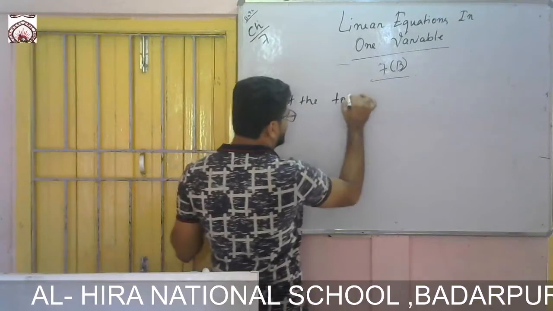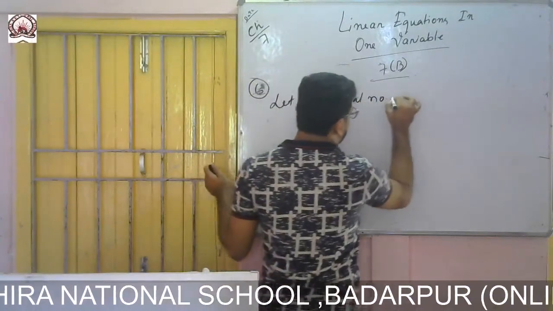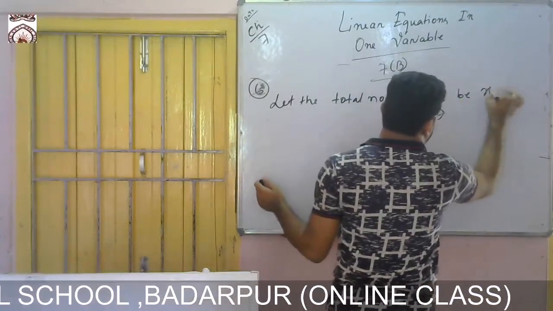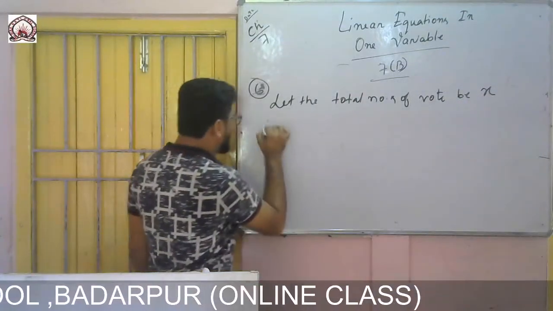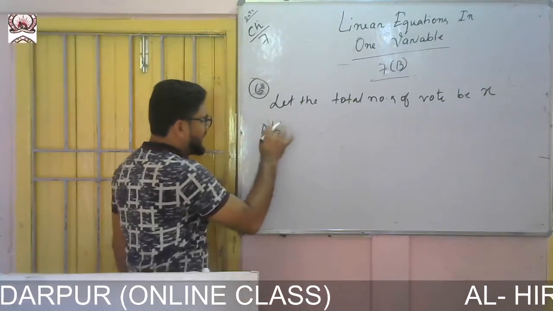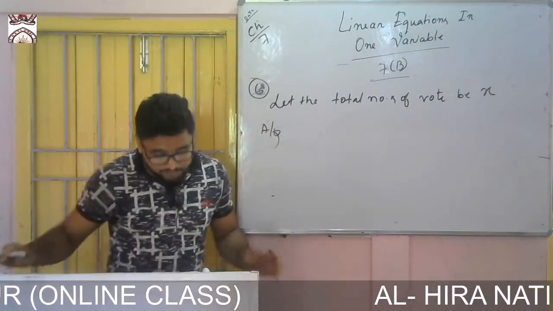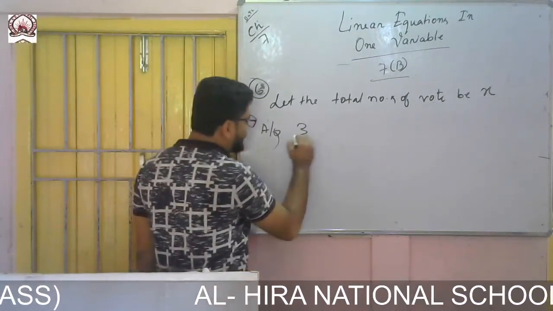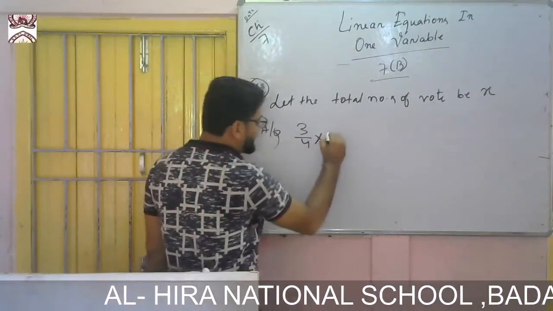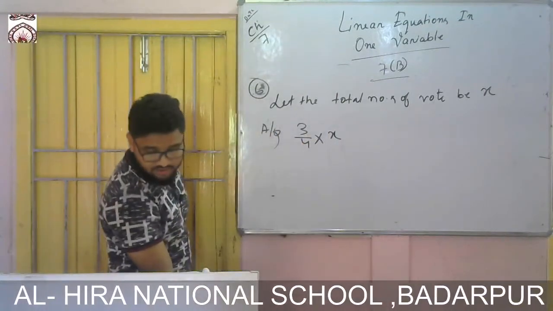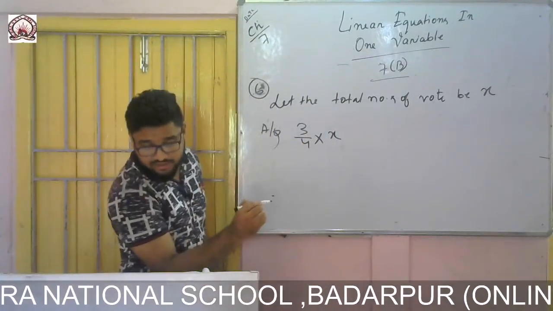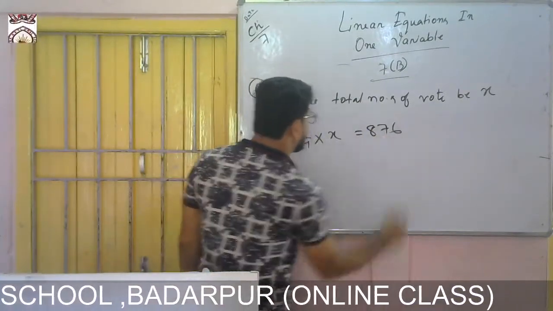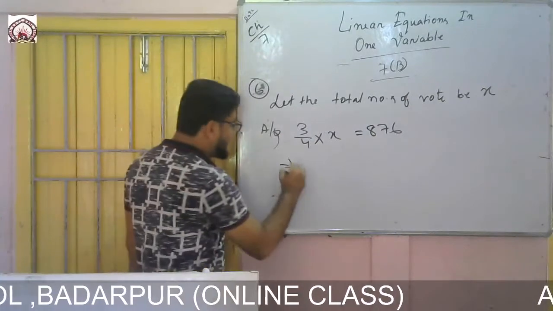According to the question, 3/4 of all votes cast in the election equals the 876 votes he received.